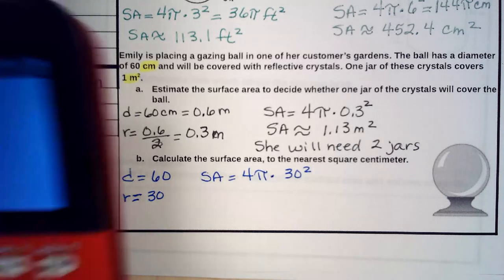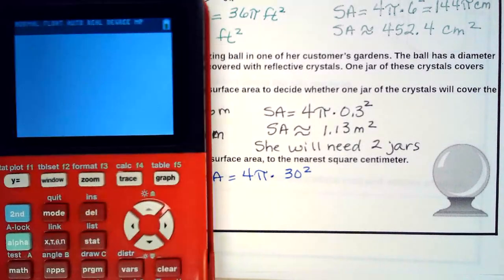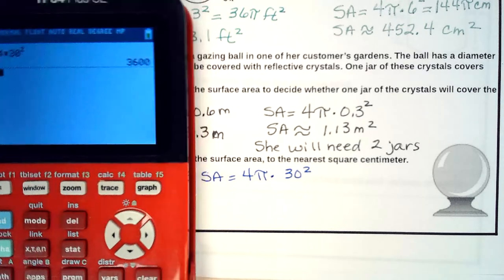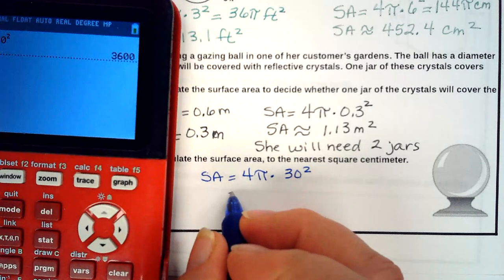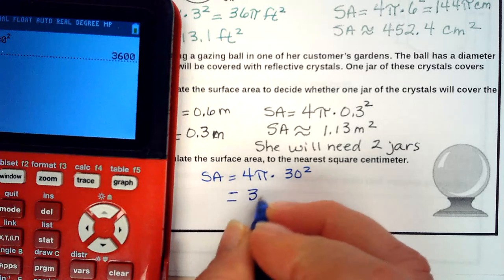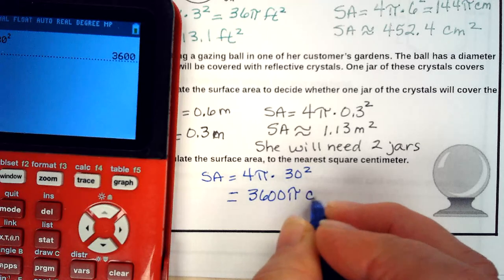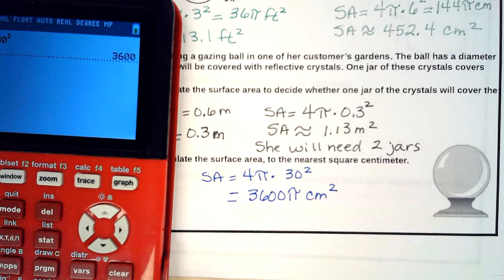I'm going to look at 4 times 30 squared to get the exact. And that is 3,600 pi centimeters squared.